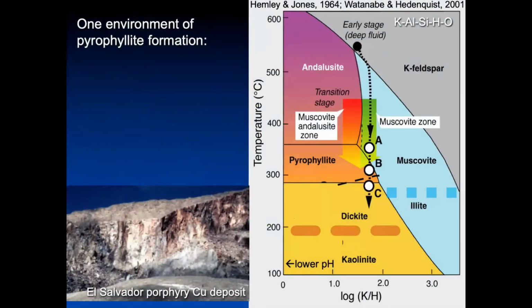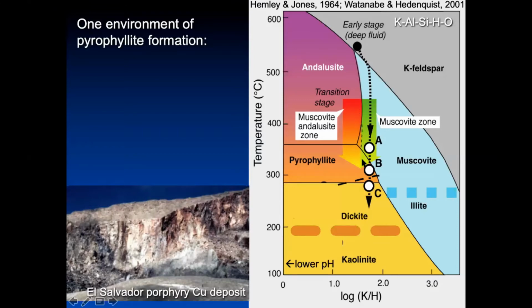Why do we see this perovskite with muscovite? Let me move my photos here. As the fluids are cooling, muscovite is stable, also maybe a little bit of andalusite.